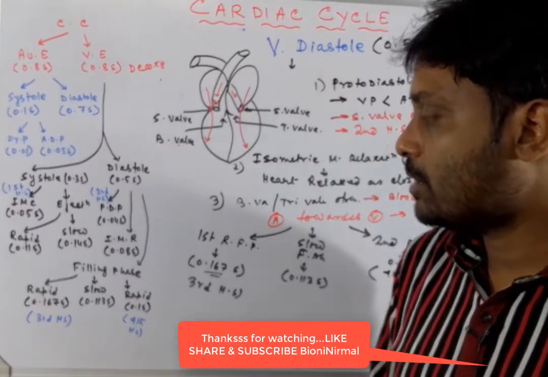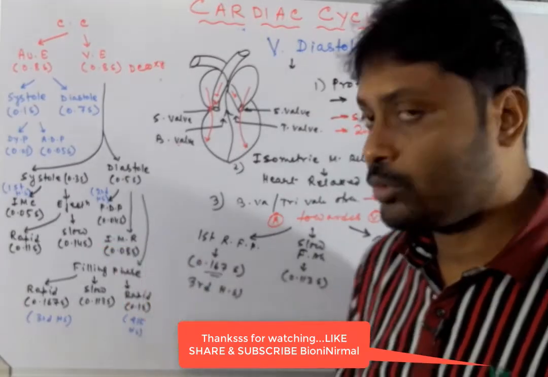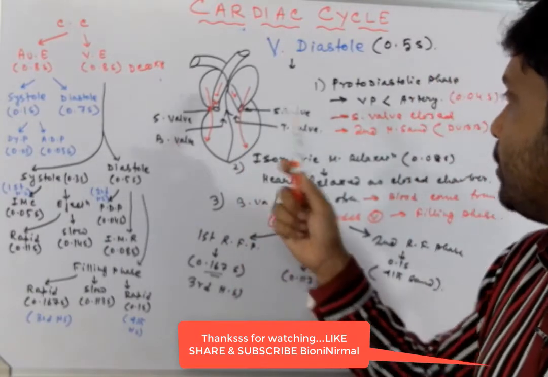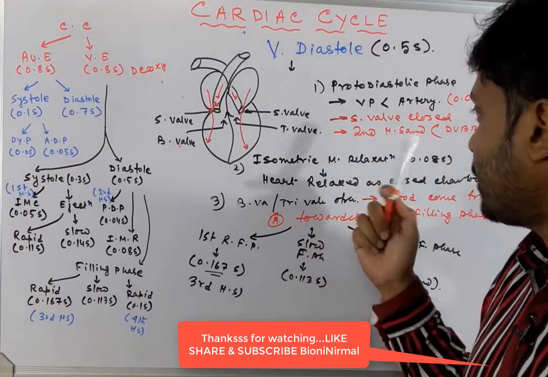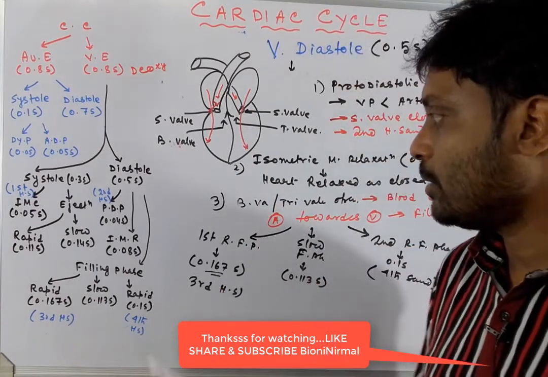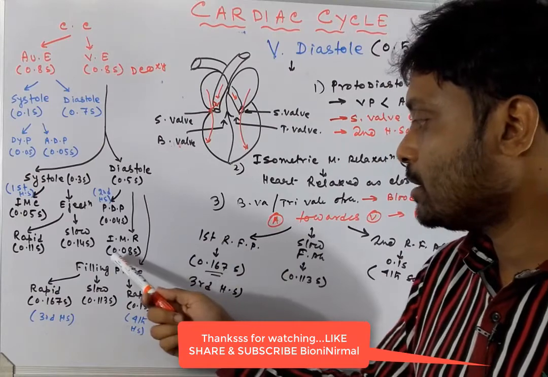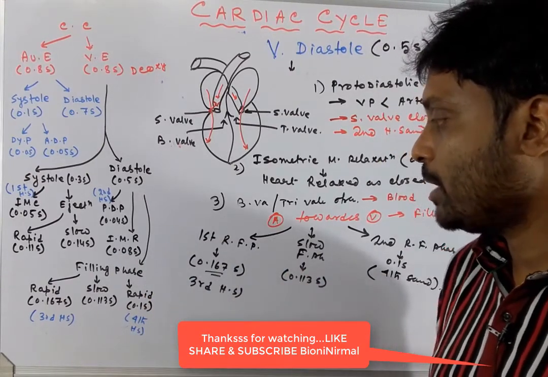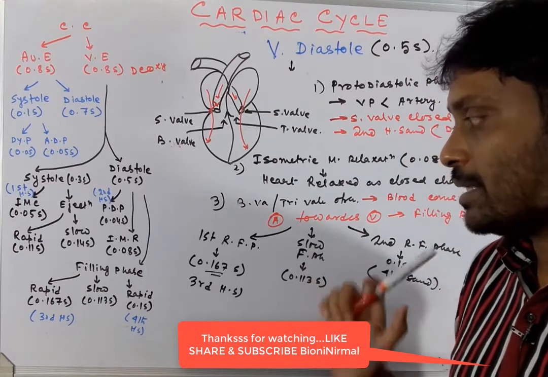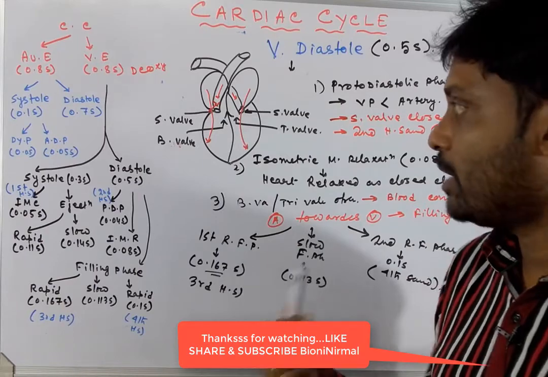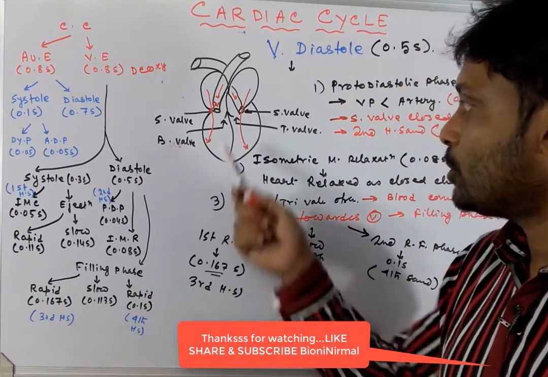Next is the diastolic phase, beginning with the protodiastolic phase, during which the semilunar valve closes and makes the second heart sound. Then, for 0.08 second, the heart relaxes as a closed chamber, called isometric muscle relaxation.